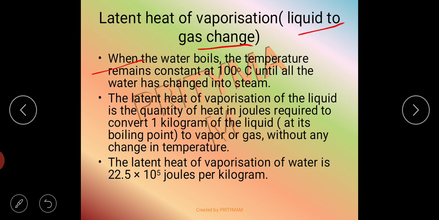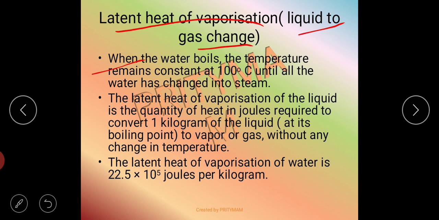Once the water has begun to boil, the temperature remains constant at 100 degrees Celsius until all the water has changed into steam. The heat which is going into the boiling water but not increasing the temperature is the energy required to change the state of water from liquid to gas. And this is what is known as the latent heat of vaporization.